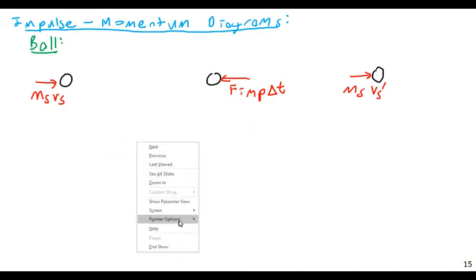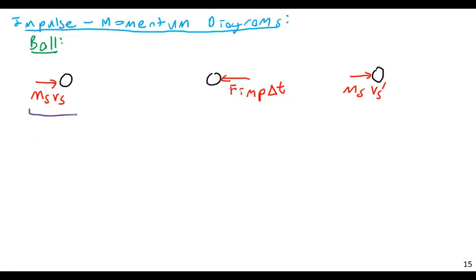Let me label these again. Let me give us a little more annotation. This is momentum of ball before impact.